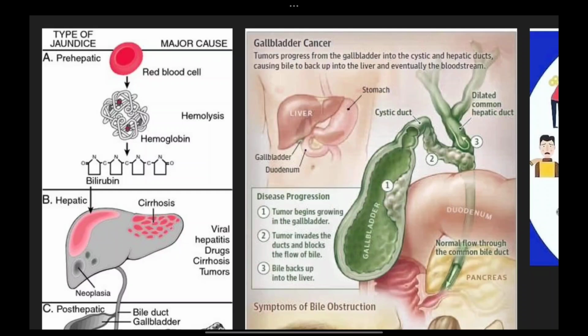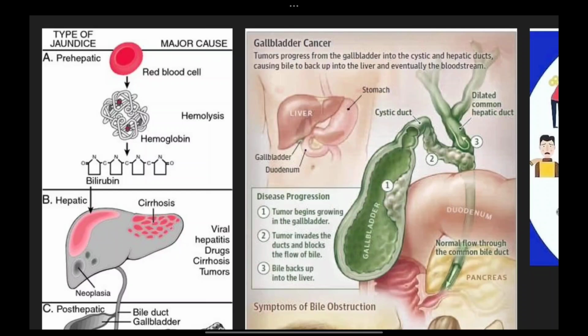Now coming to the conjugated bilirubin, it is a direct bilirubin, which is processed inside the liver and made water soluble. After it is water soluble, it is excreted out through the intestine. So this is how conjugated and unconjugated bilirubin differ.